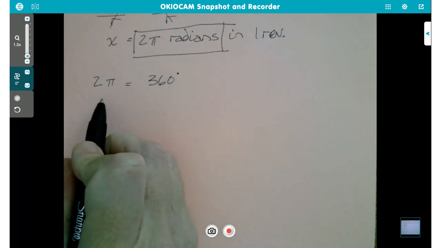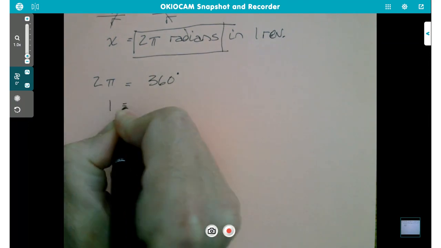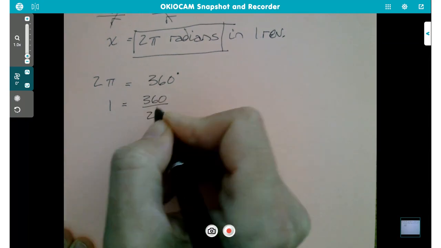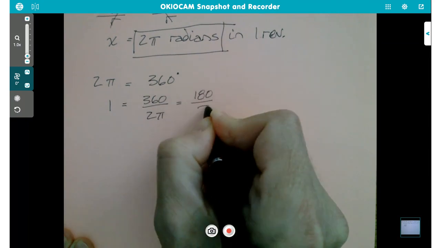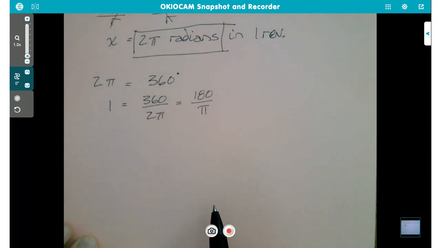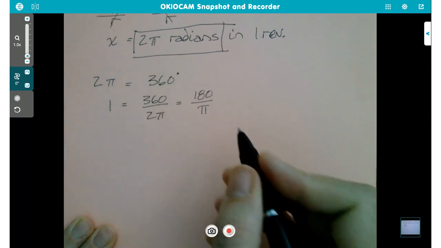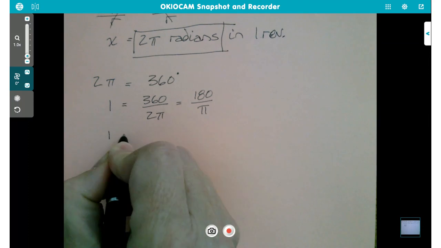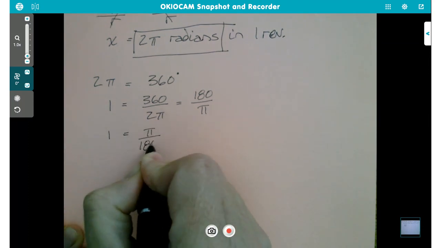If I divide both sides by 2 pi, I get a unit fraction, which I can reduce, actually. We might as well. Or I can divide both sides by 360 and also get 1, since these are 2 quantities that are equal to each other. And get pi over 180.